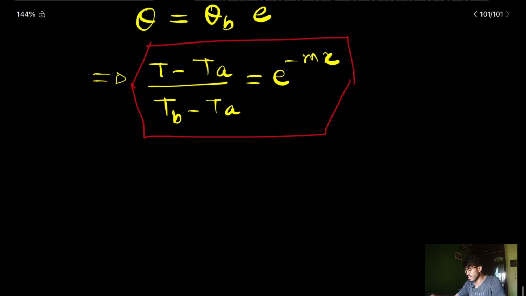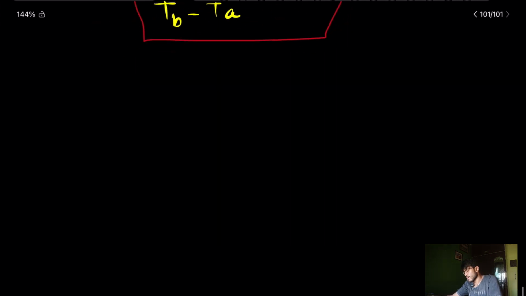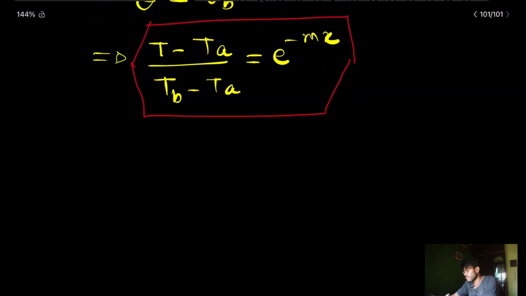So this is true for what? Constant cross-sectional area, constant properties, that is constant thermal conductivity, and long fin approximation. Now you have to find the total heat transfer from the fin.